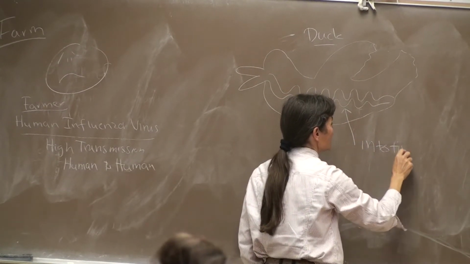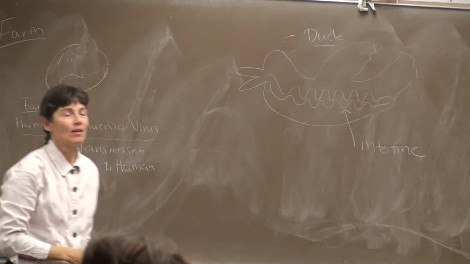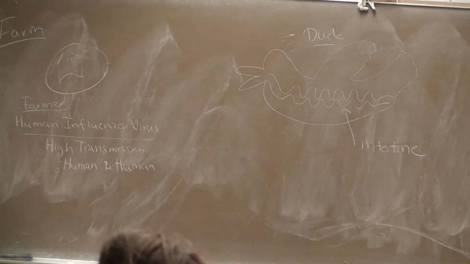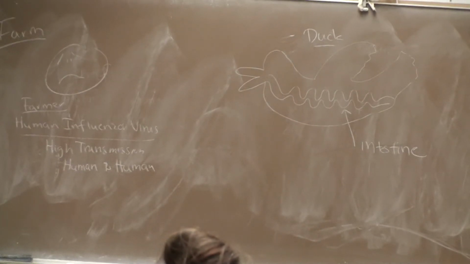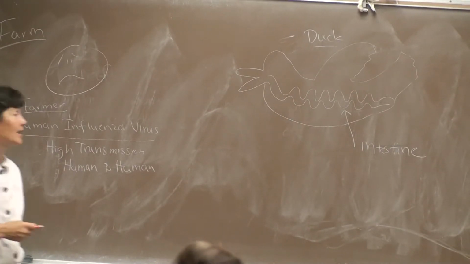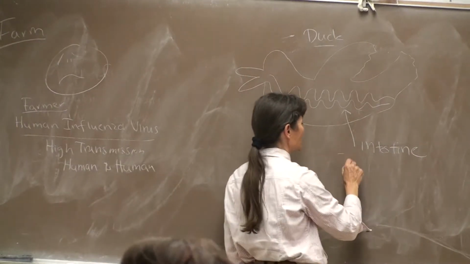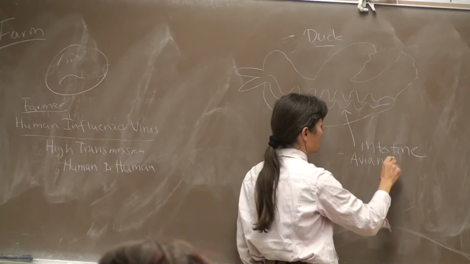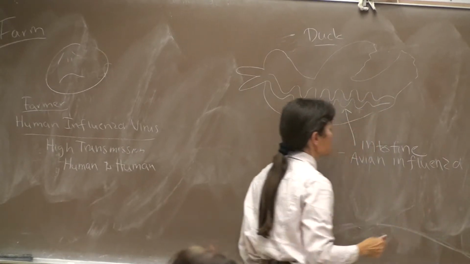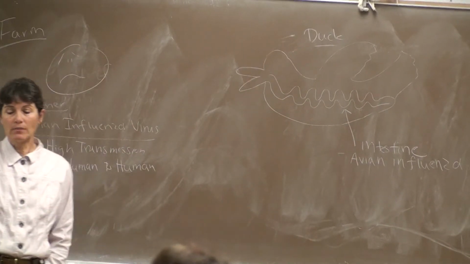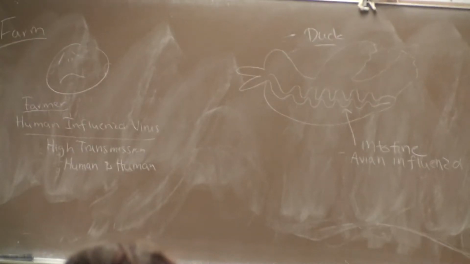And so I was amazed to find out that one of the primary sites that avian influenza viruses replicate in birds is in their what? In their intestine, yeah. So this is the site of avian influenza. It can also replicate in the bird intestinal tract. Now, if you're working with birds or butchering birds to eat, you have to be careful.